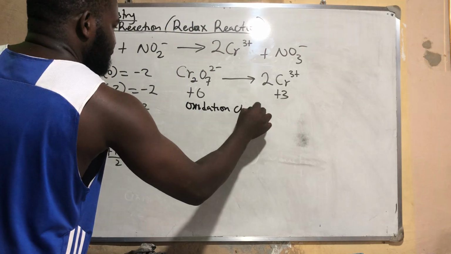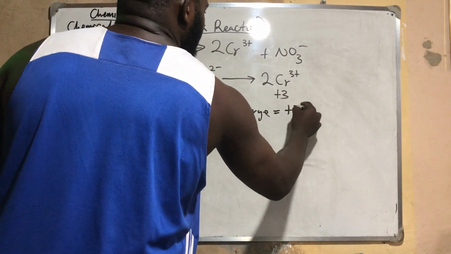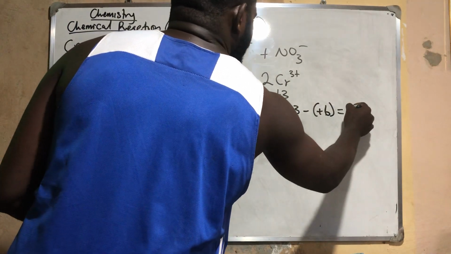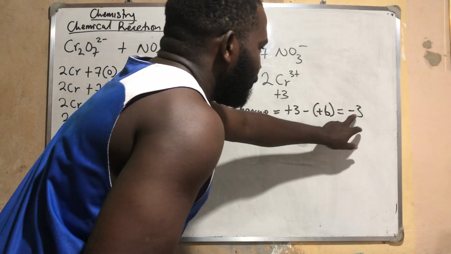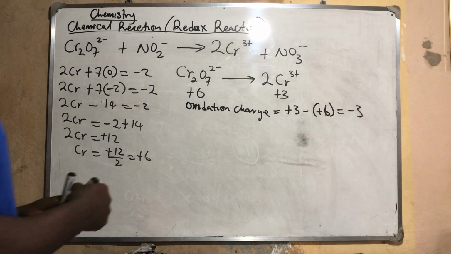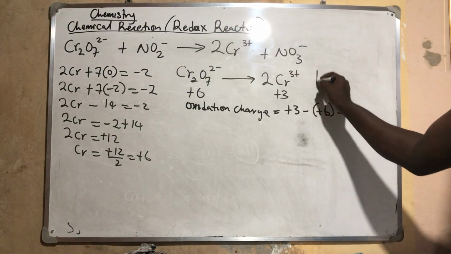Oxidation charge here will be equal to the product plus 3 minus the reactant plus 6. So what do I have? Minus 3. And I told you that negative oxidation charge is what? Reduction. So even though it lost oxygen, it is obvious that it is reduction.